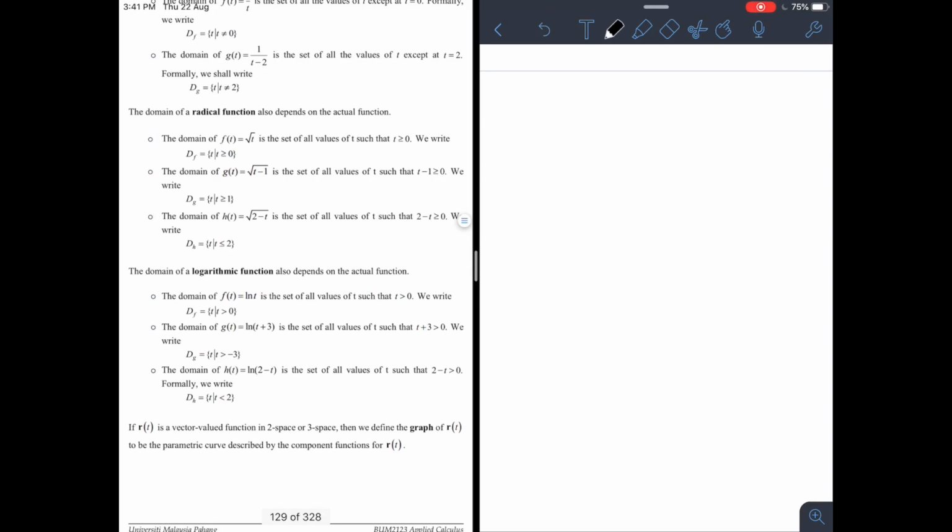So let's take a look at the last type of function, which we name as logarithmic function. If you look closely at your module, by right, this is a basic example of a logarithmic function, such as ln t.